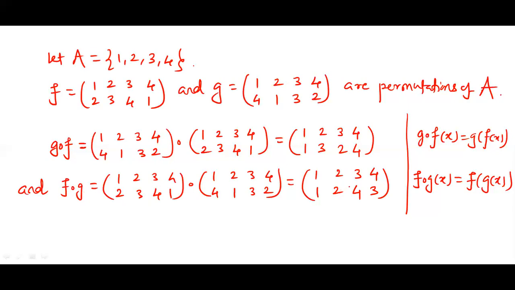Means here images of some elements under function g naught f and function f naught g are not equal. Therefore, we can conclude that g naught f is not equal to f naught g.